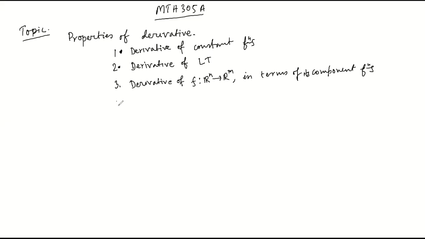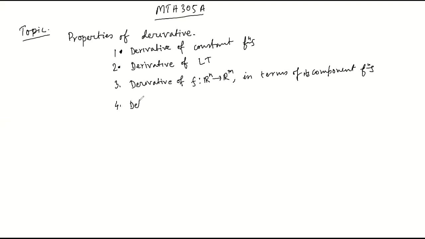And the fourth item is derivative of some binary operations. There are two basic binary operations, addition and multiplication.